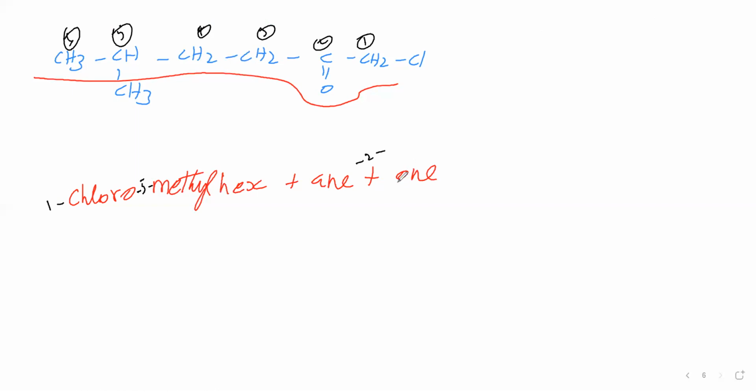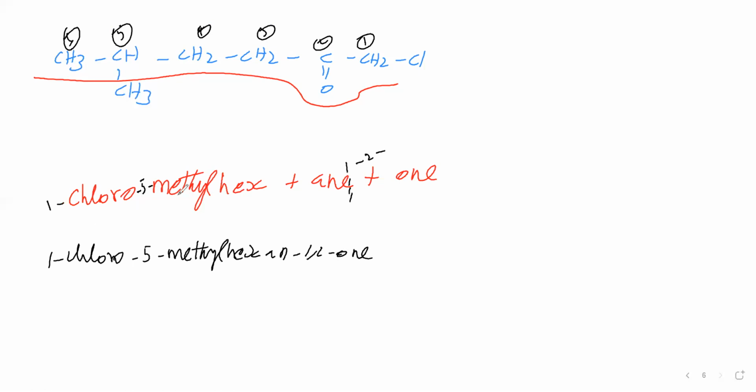Here a vowel sound O is there, so we will drop this E. Therefore the name of this one is 1-chloro-5-methylhexan-2-one. Not diol, only one keto group, therefore one time we have to write.